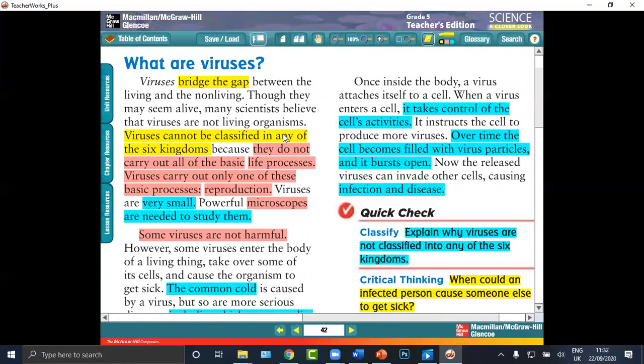They don't carry out all of the basic life processes, and we have to memorize them. For example, use of energy, getting rid of waste. Now, they are so small that we need microscopes to study them.